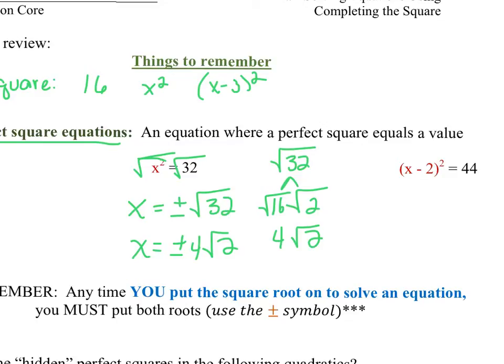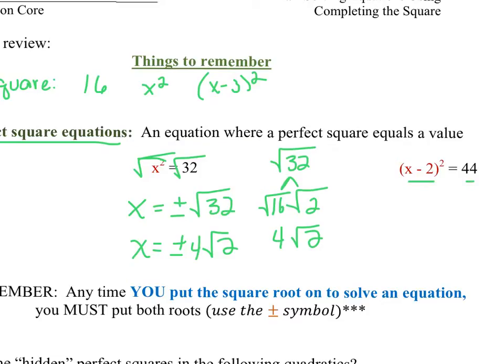Over here, this one now gets slightly more interesting because x minus 2 squared equals 44. This one can throw you sometimes because you might think that you have to actually multiply that out. But the whole process that we're going to be doing today is getting it into this equation where we have a perfect square equal to a value.